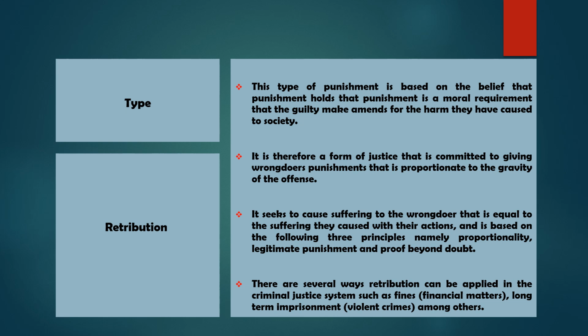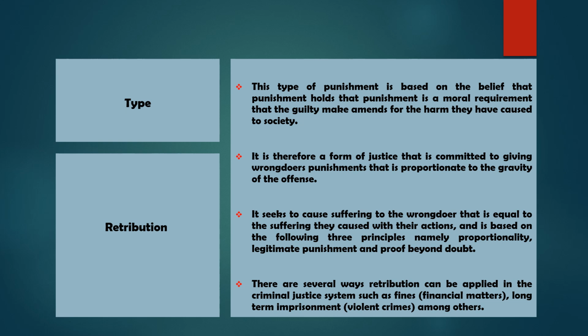And this approach to punishment is based on the following three principles. One, proportionality, that is, the crime committed must be equal to the punishment meted on the wrongdoer. The other principle that underpins retribution is legitimate punishment. In other words, the kind of punishment meted on the individual wrongdoer must be that which is accepted as the right punishment.